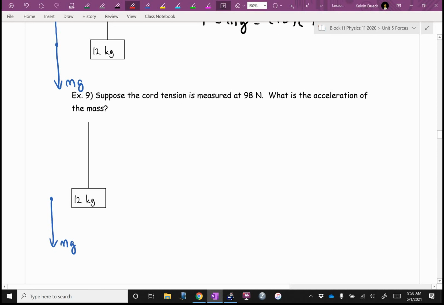On your calculator, you just told me. mg, right? 12 times 9.8, what'd you get? How big is gravity? How big is tension? Who's winning? Gravity. Has to be. So draw tension shorter, exaggerated. See how we worked our way out of that one? You'll always, if you know the mass, you can always find mg.